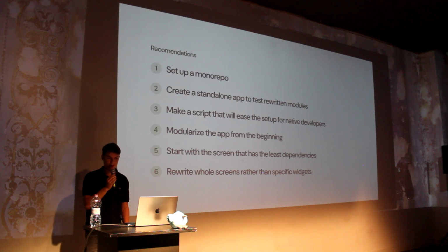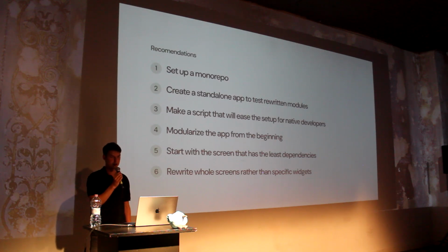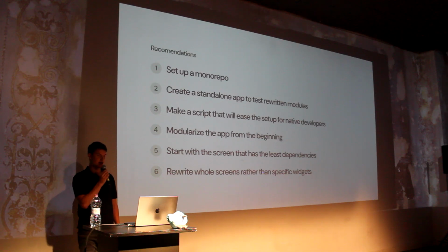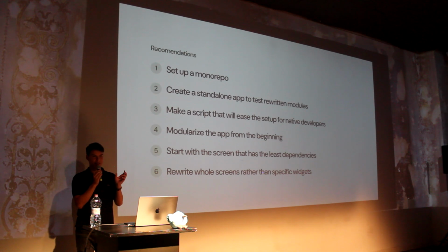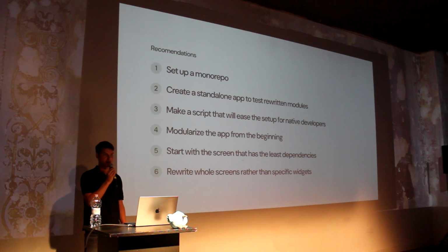I advise you to modularize the application from the beginning, and whenever you are choosing a screen, start with the one that is going to have the fewest dependencies. Please choose whole screens instead of specific widgets, because adding just a small widget into a native layer is not a very pleasant experience.